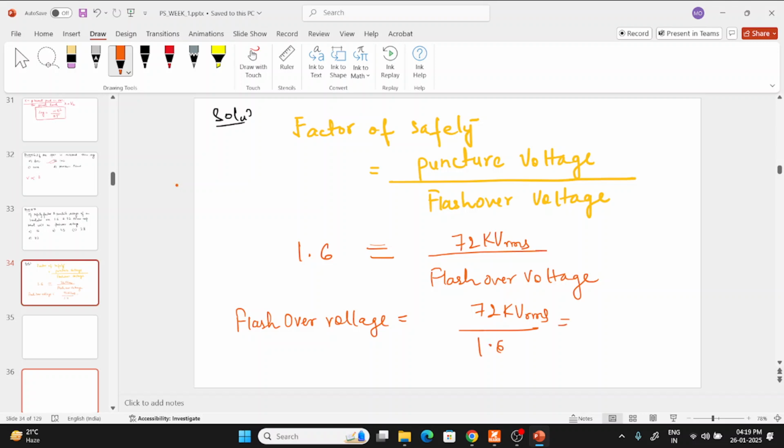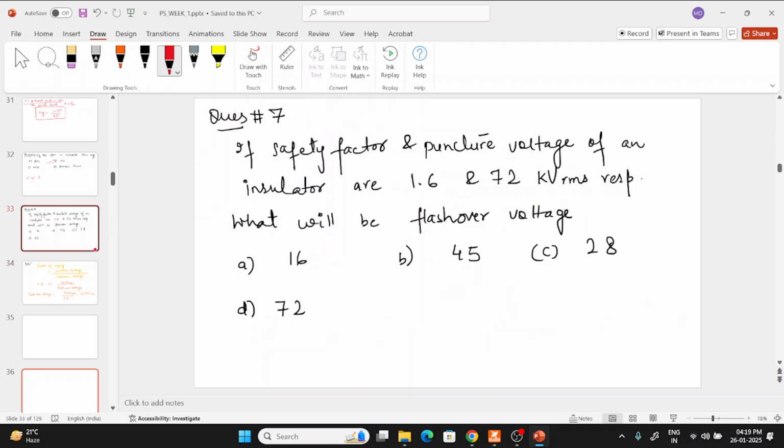It comes out to be 45 kV RMS. So the correct answer of this question is 45 kV RMS.